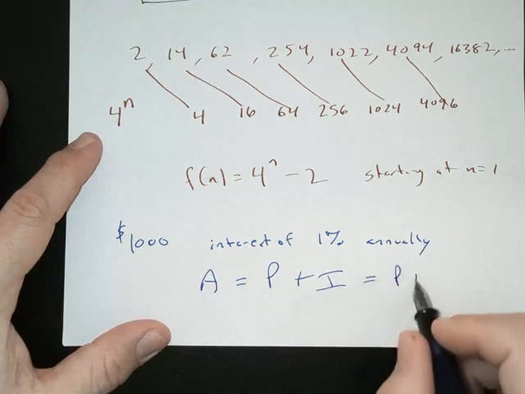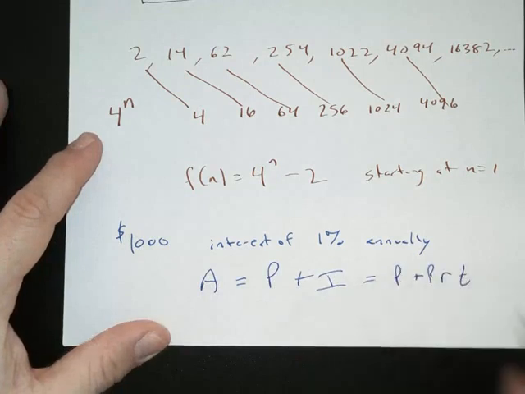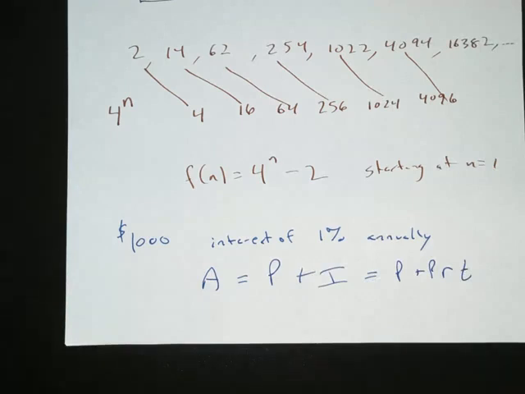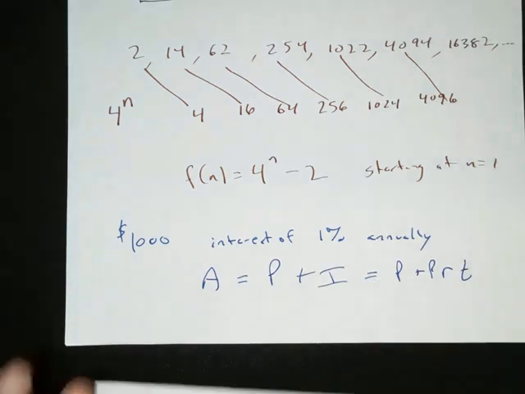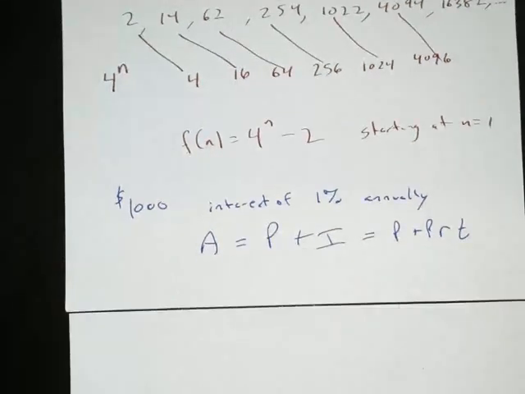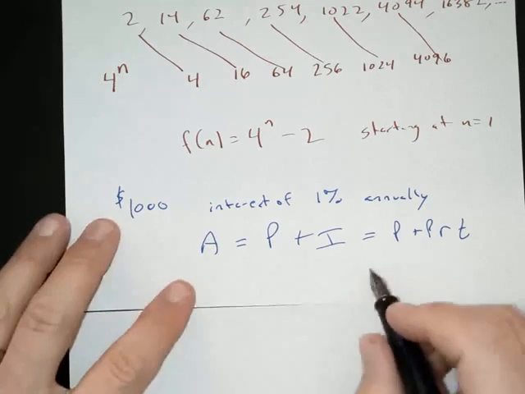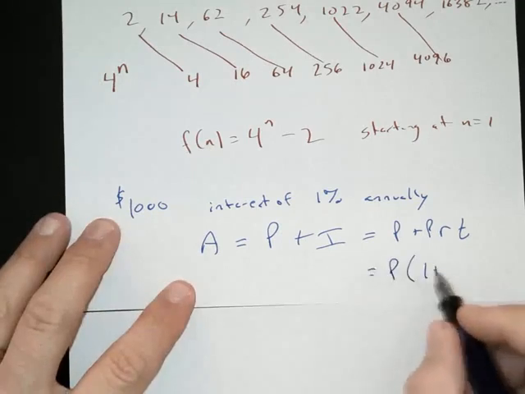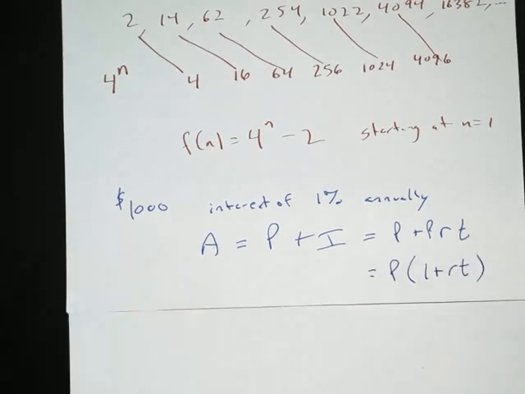Interest is the amount times the rate times time. $1,000 at 1%, 10 bucks added on, right? That was for 1 year.